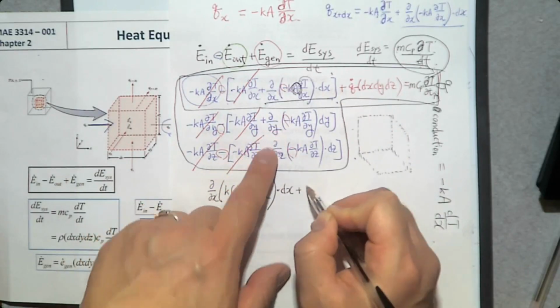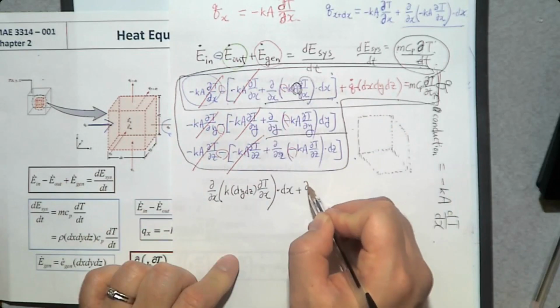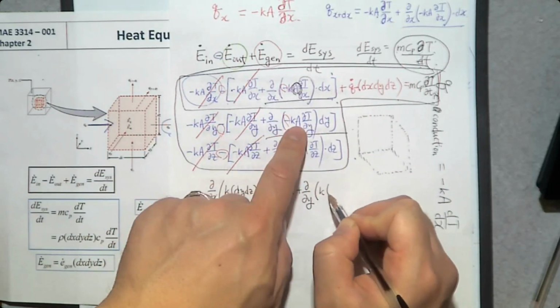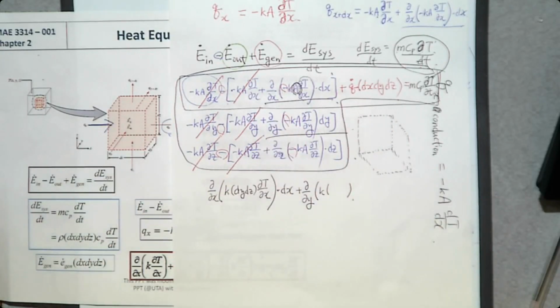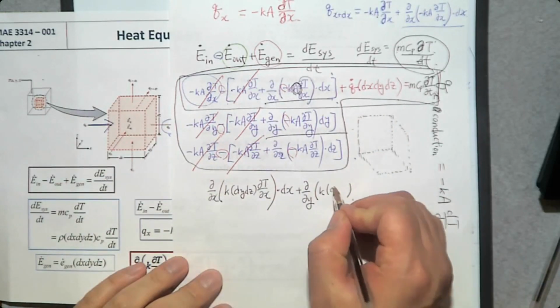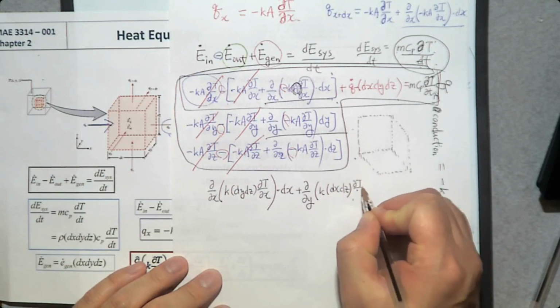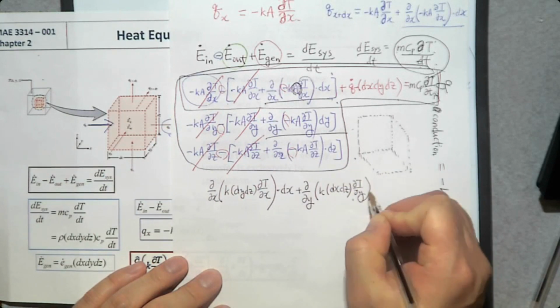Plus the second one, partial over partial y, this time k times area. What area? Where is the y direction? This is the y direction, and the cross-sectional area is this one. How do you determine this area? dx times dz, dx times dz times partial T over partial y times dy.